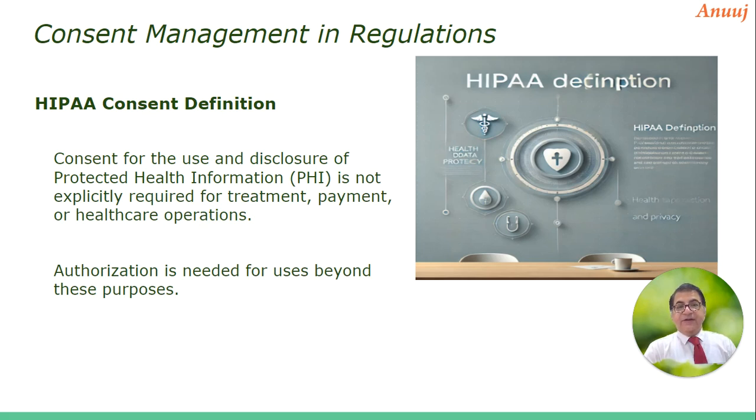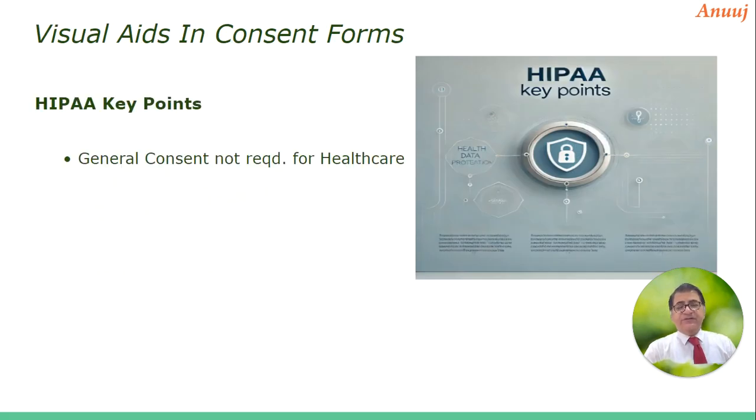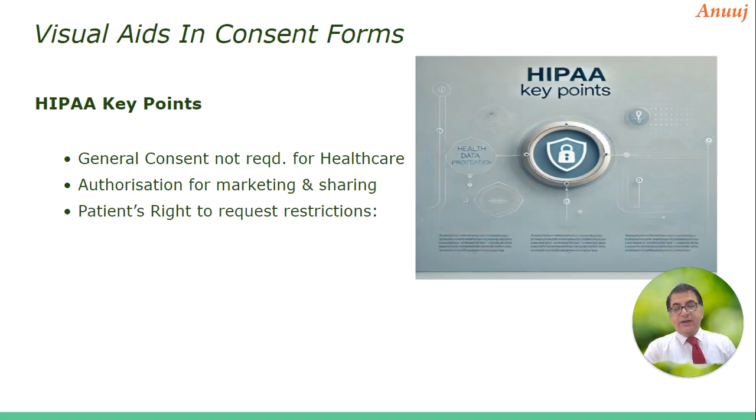However, if it has to be used beyond the healthcare related purpose, then we need your authorization, right? And what could they be? They could be marketing, they could be sharing your personal information with someone. So a general consent is not required for your healthcare purposes. Authorization is required only if the healthcare agency is going to use your information for marketing and sharing.